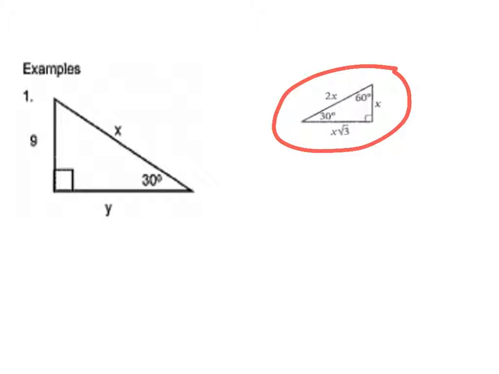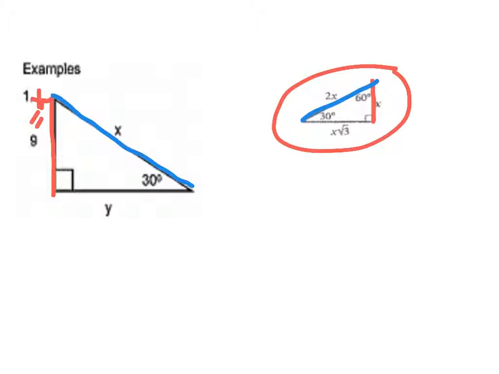Okay, if you look, the short side is x. In the picture, the short side's over here, so that's 9. So x is 9. The hypotenuse is across from the right angle.